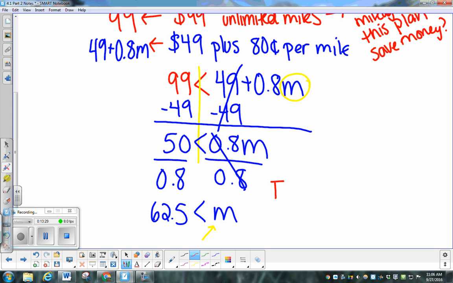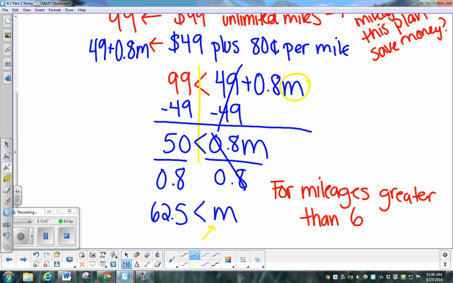We can say for mileages, whoops, I almost said less than. Greater than, because our M is greater than. For mileages greater than, and I'm going to assume right here we can use half miles, 62.5 miles.